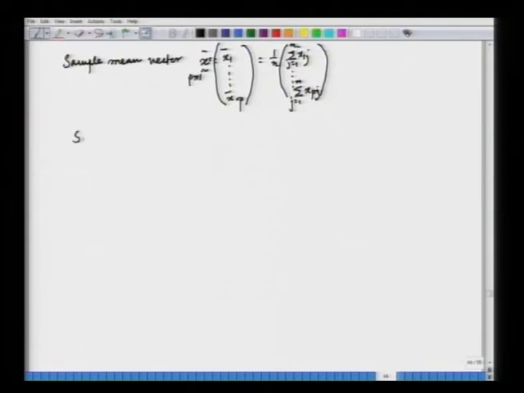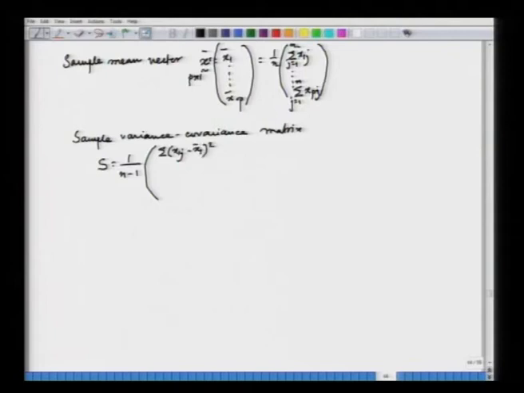Similarly, I will have the sample variance covariance matrix, say S, and this is 1 by n minus 1, and then the first row is nothing but the sum of x1j minus x1 bar squared, and then I have the covariance between the first and the second.